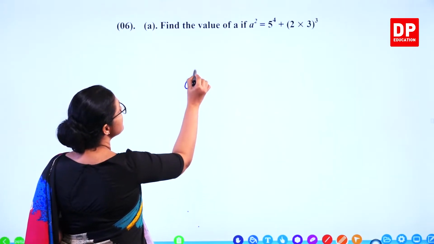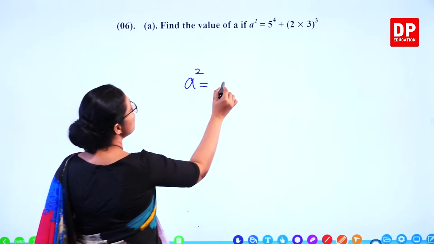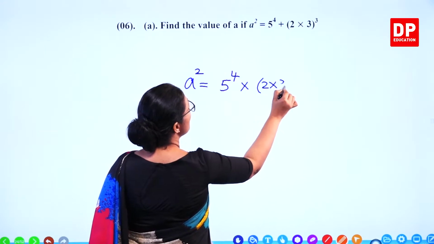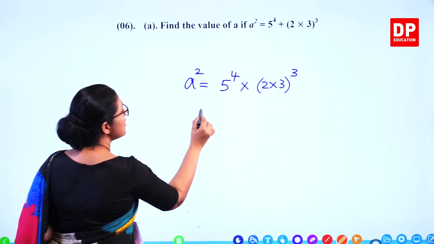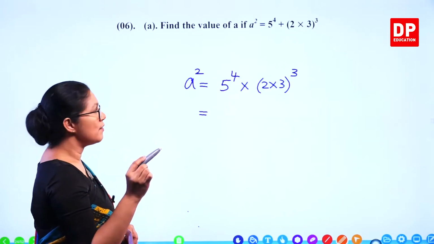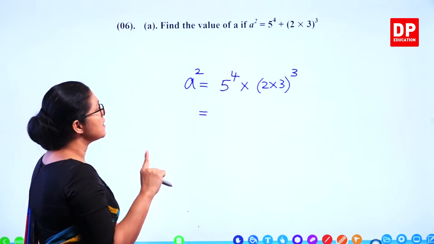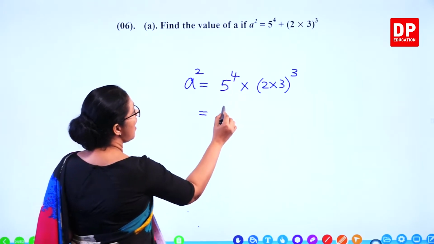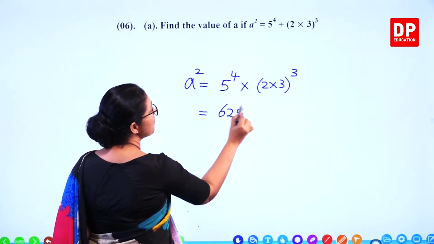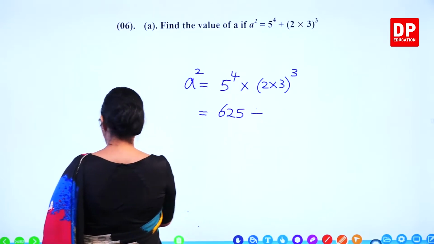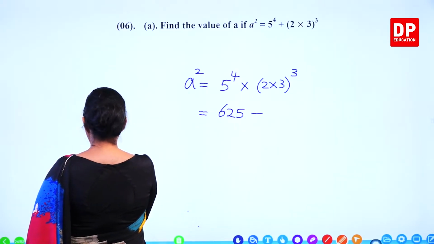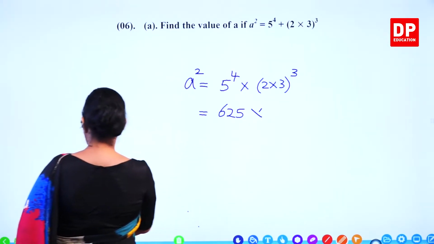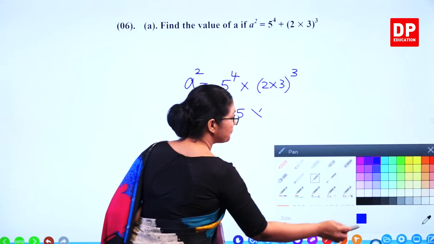So how do you do that? Powers are different, so you have to find them out separately. So what is 5 to the power 4? 5 times 5, 25. 25 times 25, 625. Then 2 times 3 to the power 3.